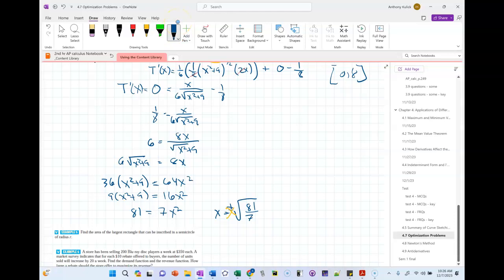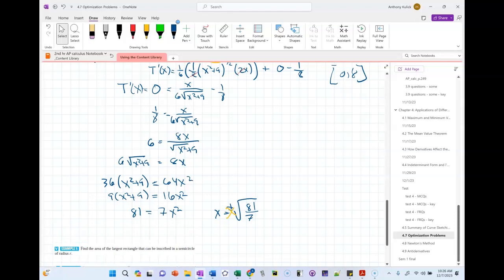So there's my value. Now, is that a local minimum or maximum? Oh, never mind. Wait a minute. What kind of interval do we have? Closed. So we can just do t of 0, t of square root 81 over 7, and then t of 8.